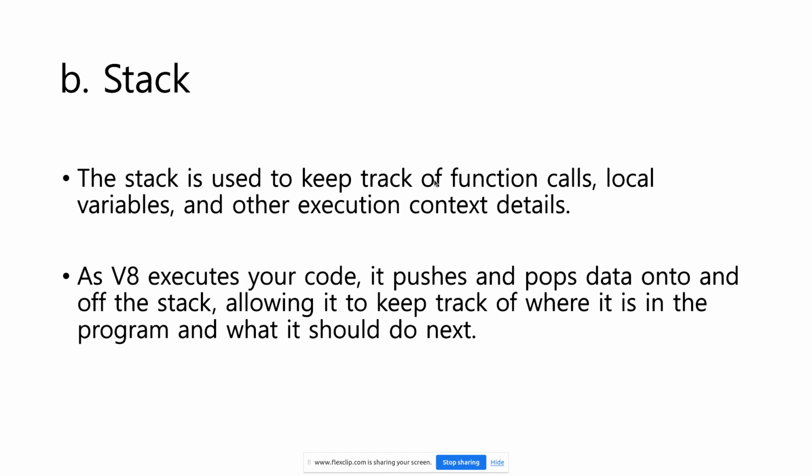As we execute your code, it pushes onto the stack, as a stack always does, and it allows V8 to keep track of where it is in the program and what to do next.